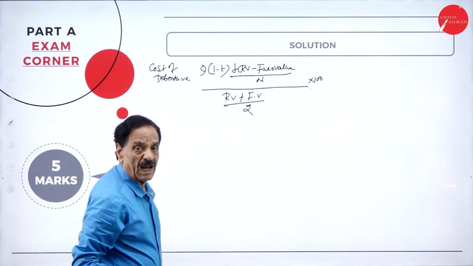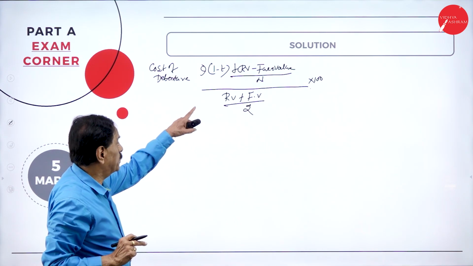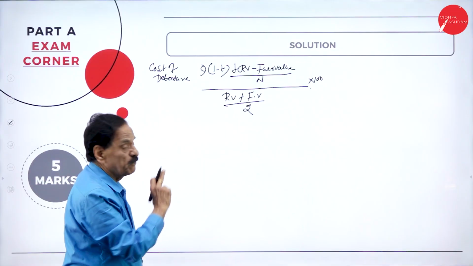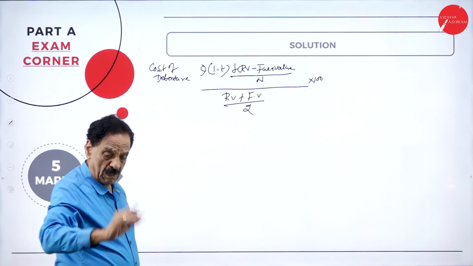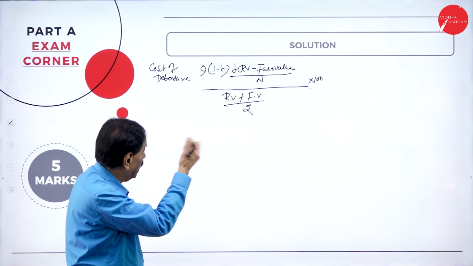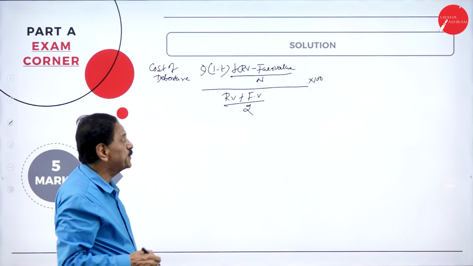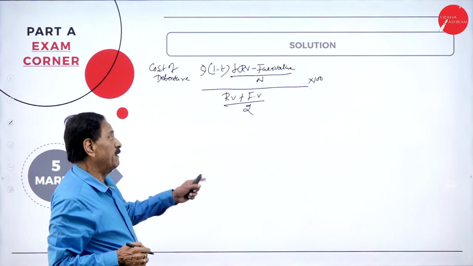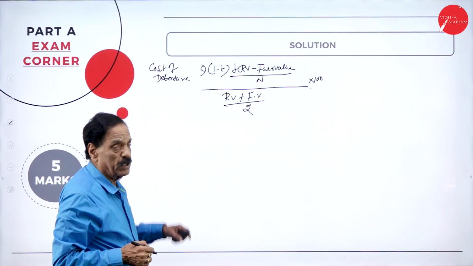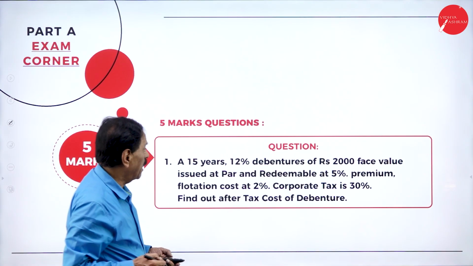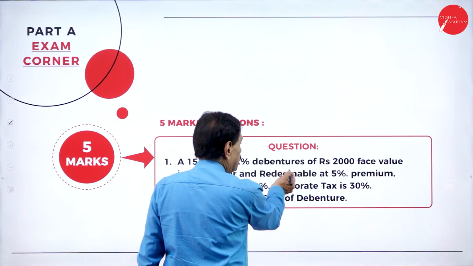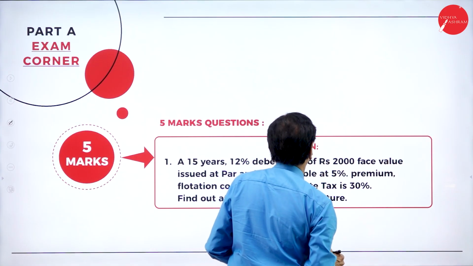What's the formula? I into 1 minus T, where T means tax, plus redeemable value minus face value, divided by number of years, divided by redeemable value plus face value divided by 2, into 100. According to this problem, 12% debenture of rupees 2000.